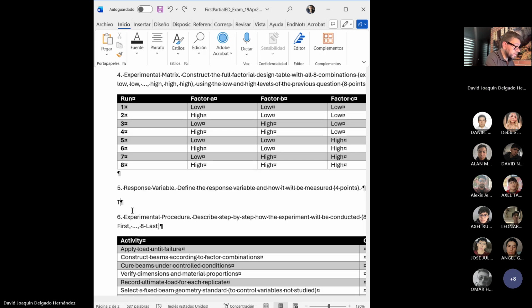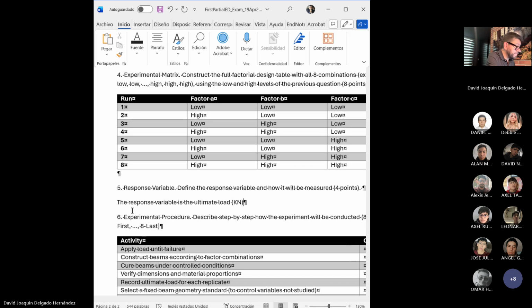The response variable is the ultimate load. And you are going to measure that in kilonewtons.